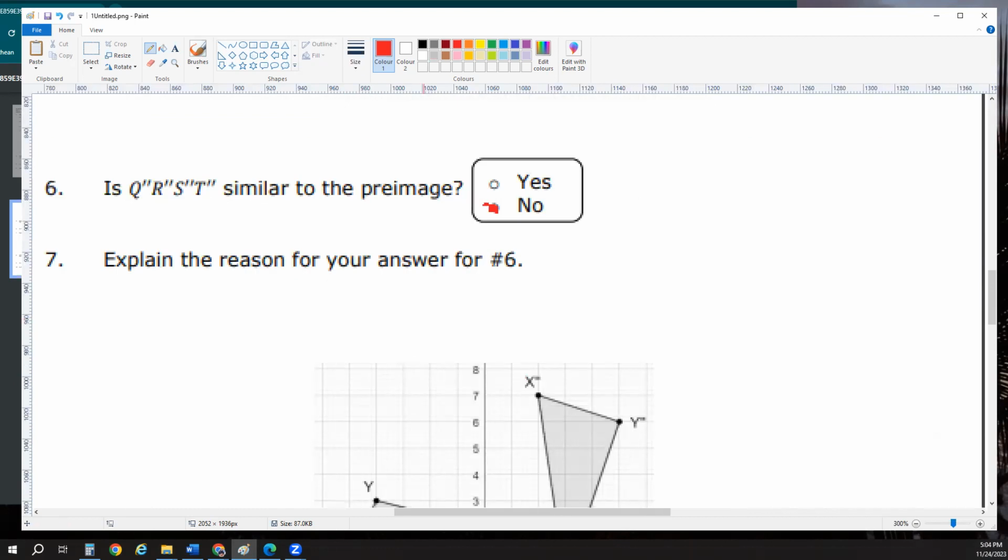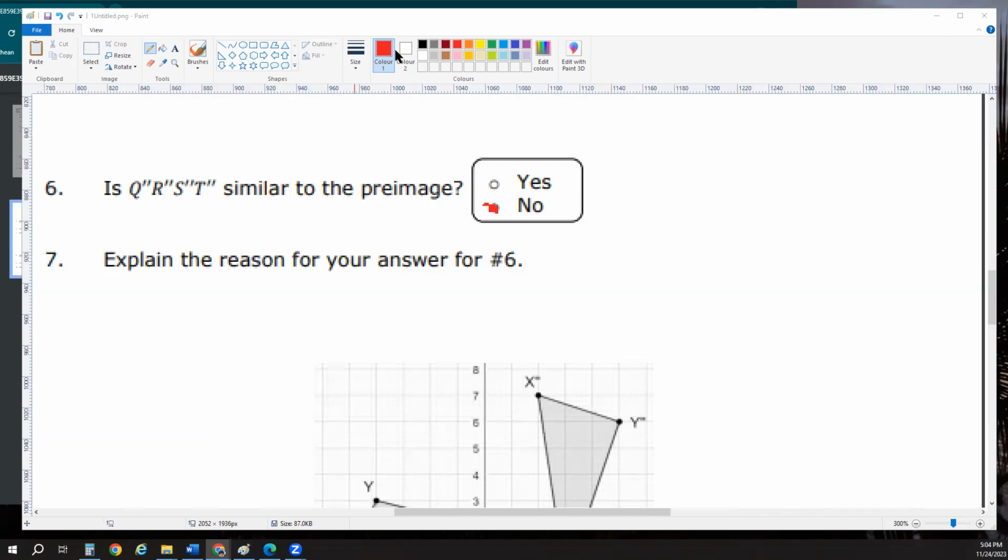Let me look at the key and see what they have to say. That is not E. That's correct.